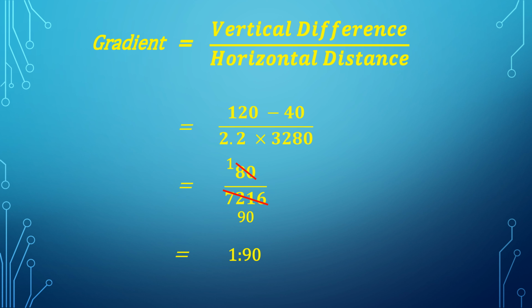Remember, our height is now in feet, so our gradient will be expressed in feet, which is 1 to 90 or 1 over 90. Hence our interpretation: for every 90 feet traveled along the horizontal distance, the height of the land increased by 1 foot.